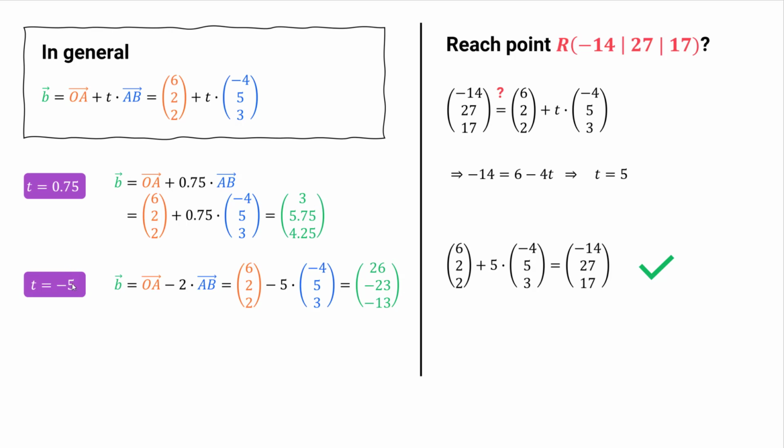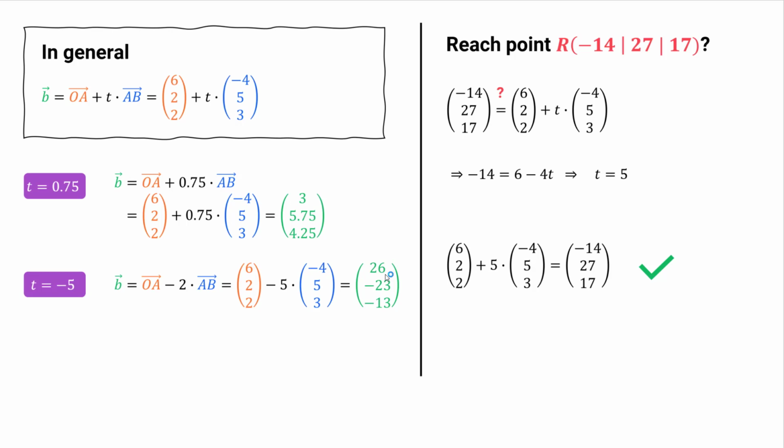If you want to know at which position the laser was 5 seconds ago, now we just plug in t equals minus 5 and we get the position of the laser 5 seconds ago. That's the first thing: we can determine the position of the laser at certain points in time.